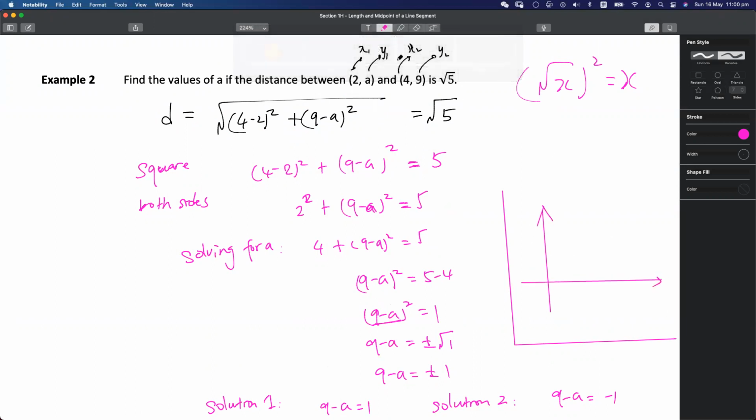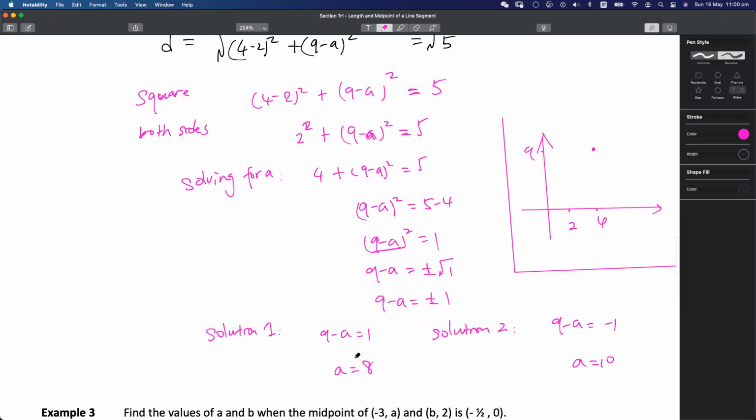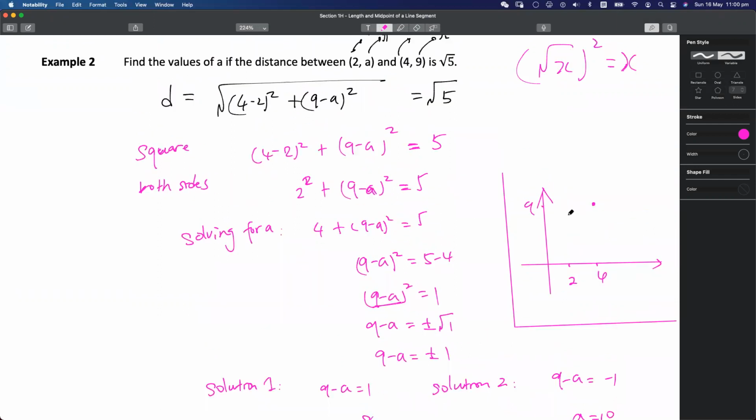Let's sketch the points (4, 9), which is here. At 2, we know it's 2 at a, but we don't know where it is. If a is equal to 8, then it's a point here, and the distance of these two points is root 5.